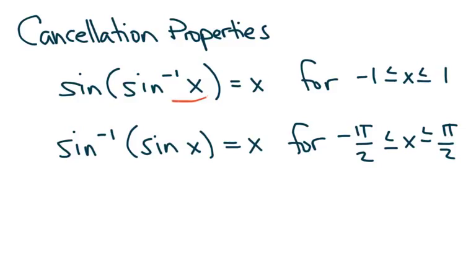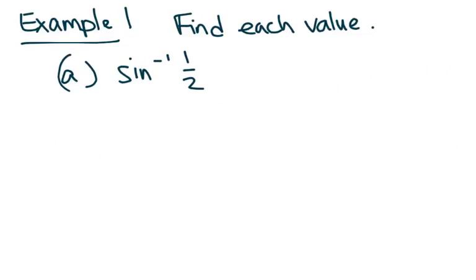The reason is because this is really your input, and its domain was -1 to 1. And then the inverse sine of the sine of x will equal x for the domain negative pi over 2 to pi over 2, because this is really the input and its domain was negative pi over 2 to pi over 2. So in our first example, we're going to find some inverse sine functions.